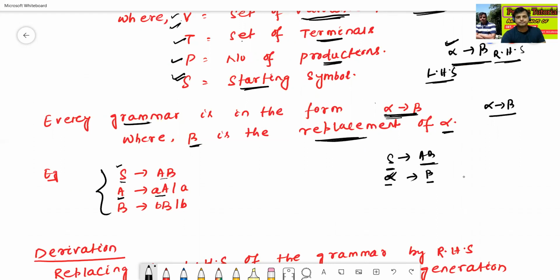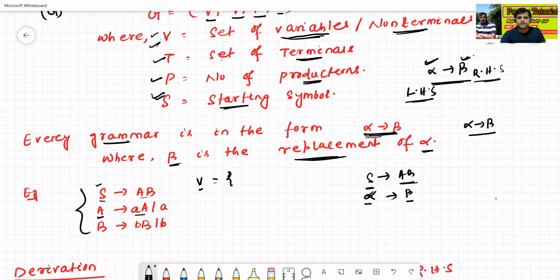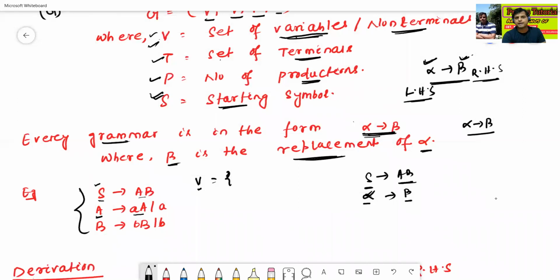Remember, what is the meaning of V? V means the set of variables or non-terminals. Non-terminal means all capital letters.